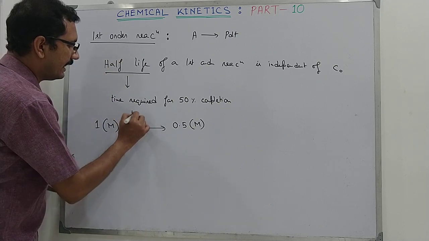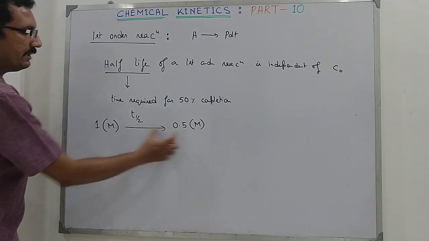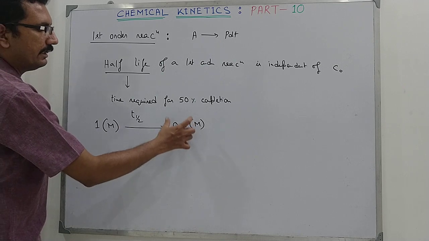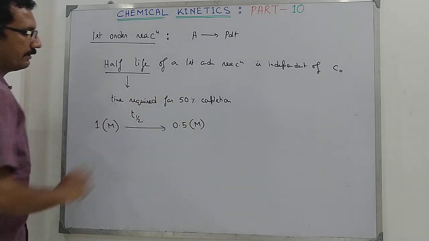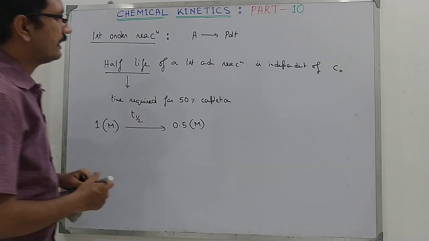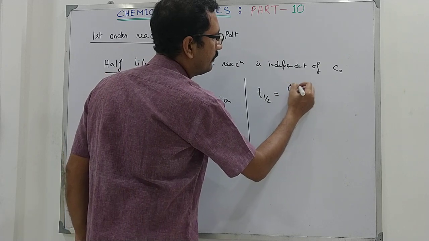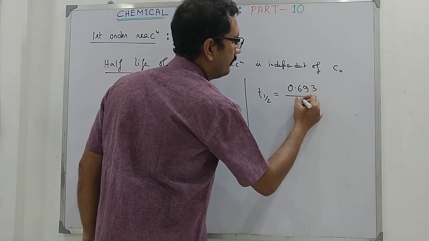So after one half-life, we have 50% of the initial concentration remaining left in the reaction vessel. Now what about the half-life of a first order reaction? We got that half-life of a first order reaction is equals to 0.693 by K.